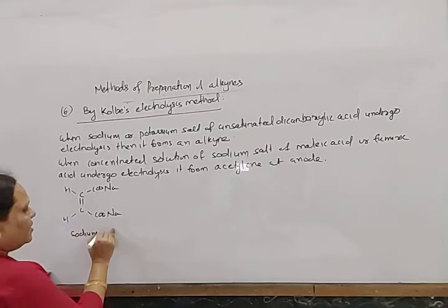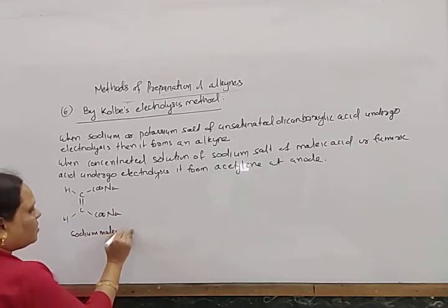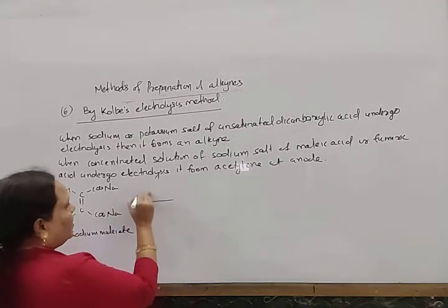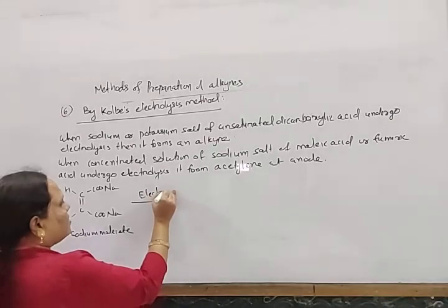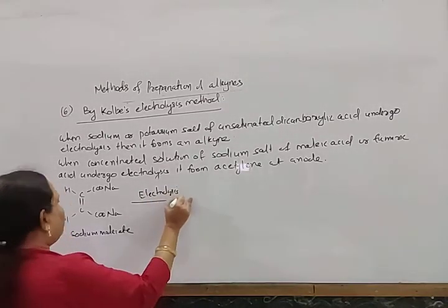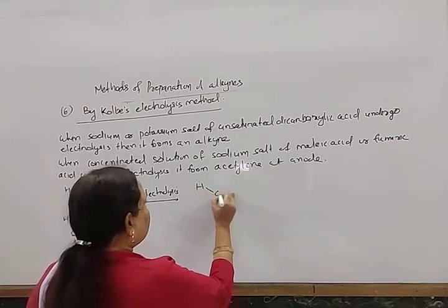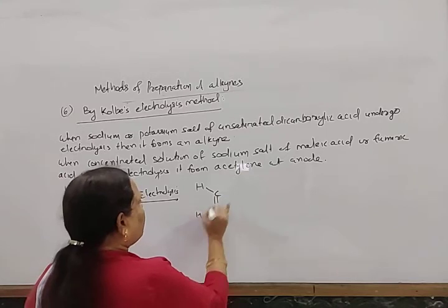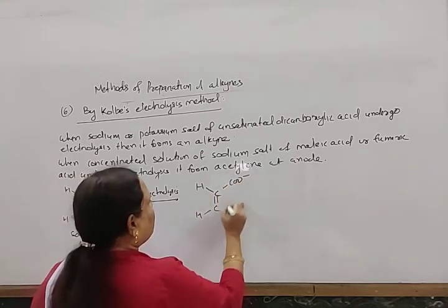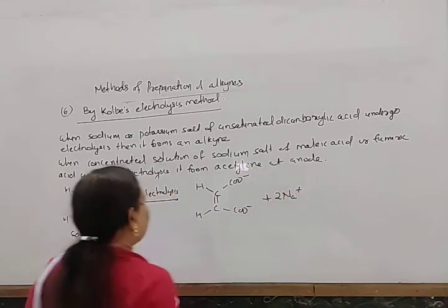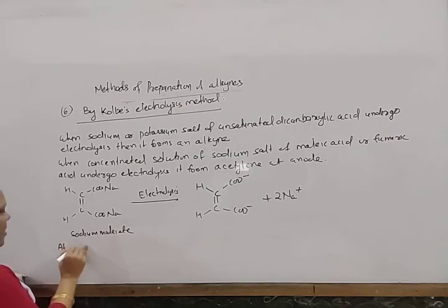Unsaturated double bond is there. So sodium maleate, when it undergoes electrolysis, on application of electricity to this solution, it forms HC double bond CH, with COO minus on each, plus 2Na plus. Then at the anode, what happens?